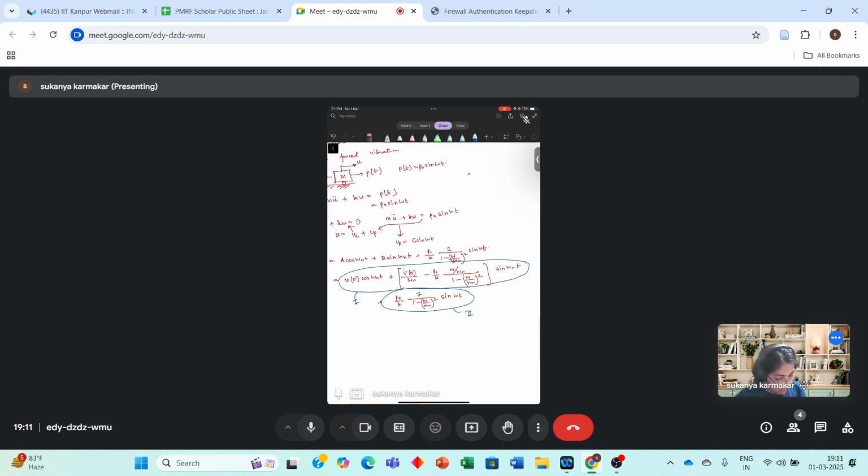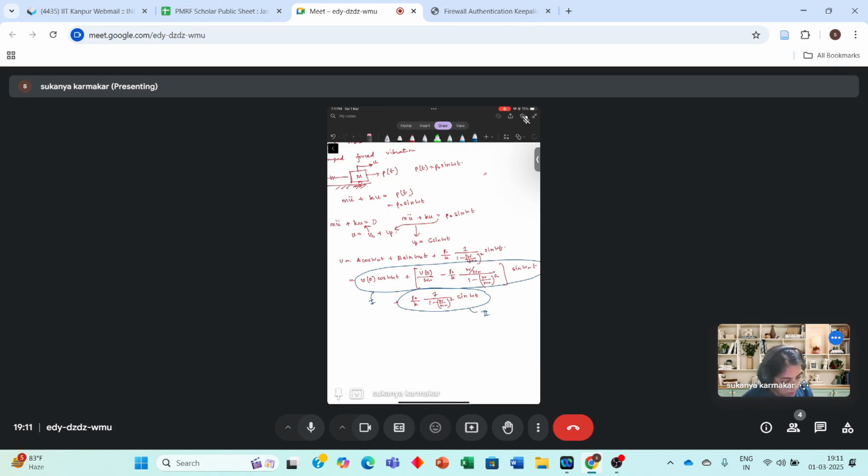To give an idea of what this means, the second term, which is the steady state solution, will look something like this, which has a frequency of omega, and the transient has a frequency of omega n, and it will be superimposed on this, and your total solution will look something like this.